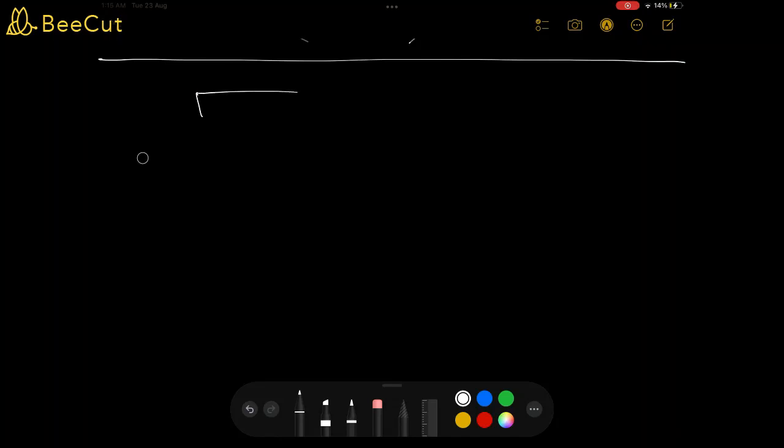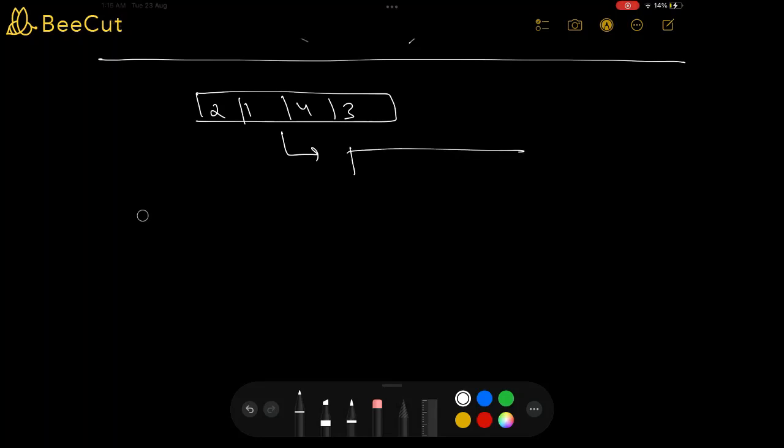Let's say we have an array: 2, 1, 4, and 3. I'm asked to sort this array. The sorted array would be 1, 2, 3, and 4. Now if I want to write down these numbers, how will I write them? The number of digits in 2 is 1.